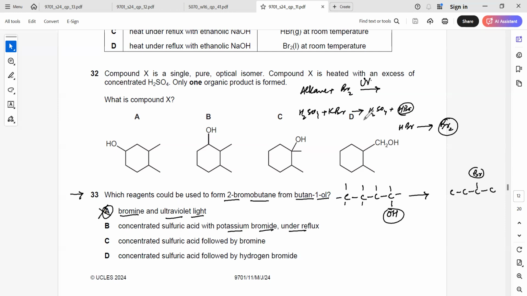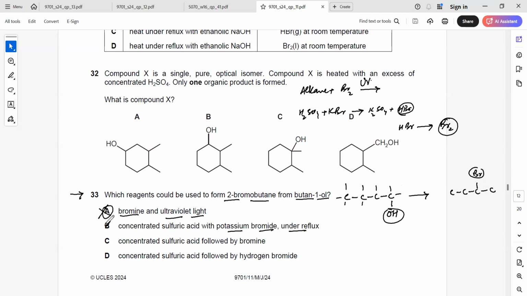So bromine will be produced here in the form of brown vapors.